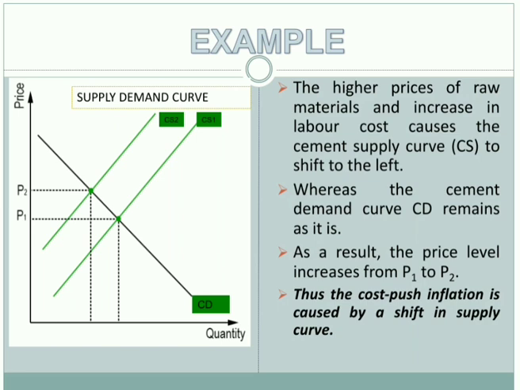A cement bag which was available for say 250 rupees per bag of 50 kgs has now become 300, 325, 350, 370. So if the company wants to make a profit, they have to push the prices ahead. This type of inflation is called cost push inflation.